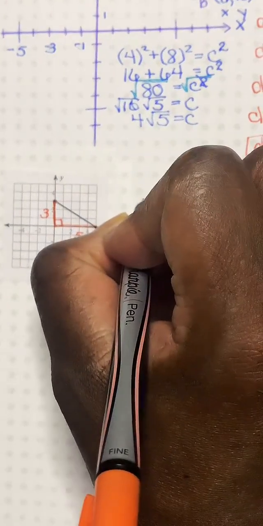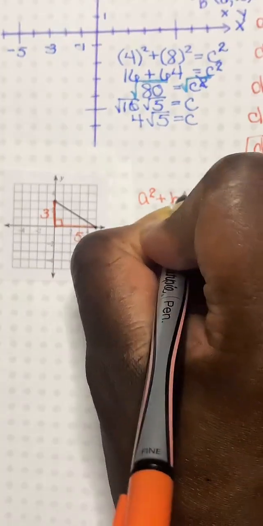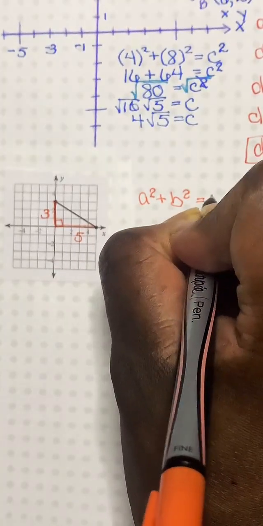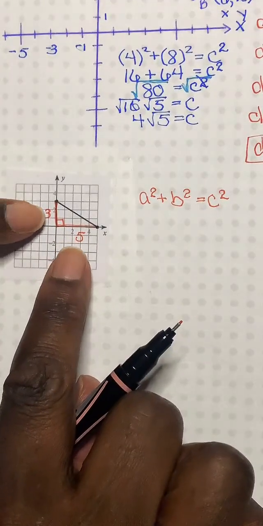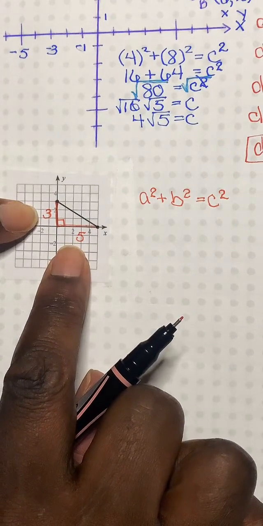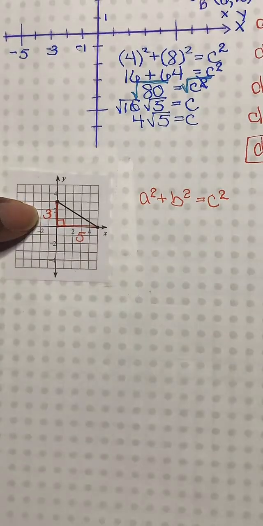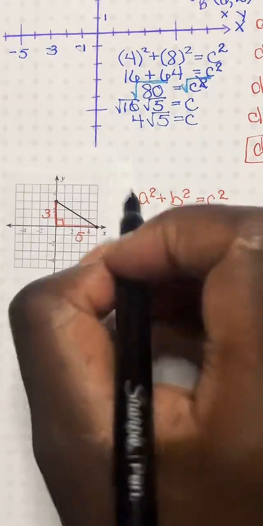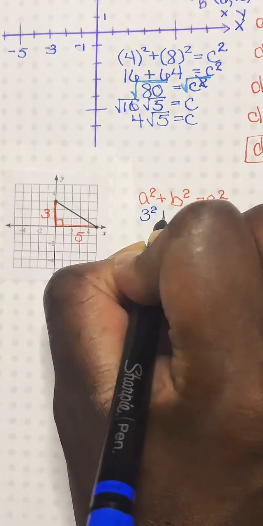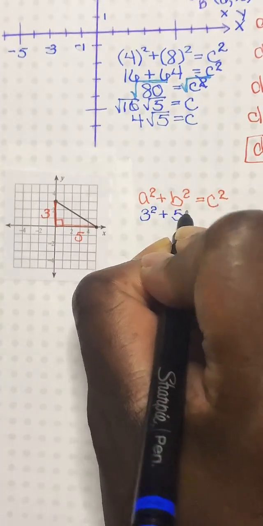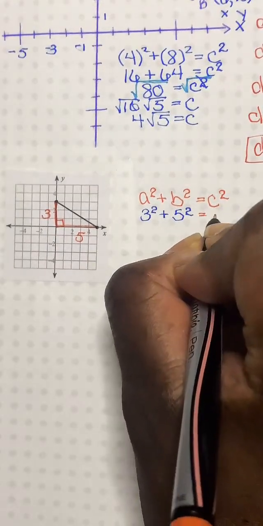Pythagorean's theorem says a squared plus b squared equals c squared. Your a and your b are going to be the legs. So it doesn't matter which one's a and which one's b; we're going to end up in the same place. So let's say my a is 3, so I have 3 squared, plus my b, which is 5 squared, and that's going to equal my c squared.